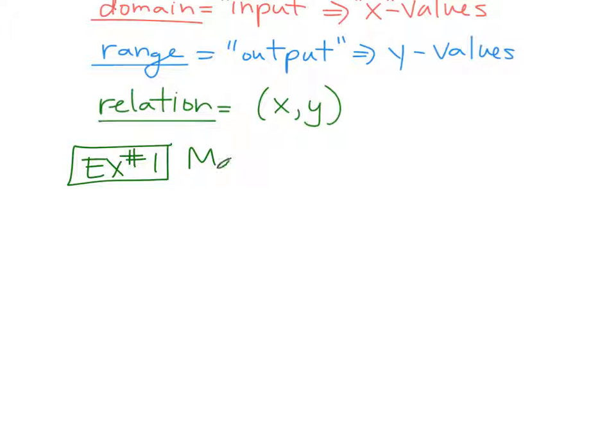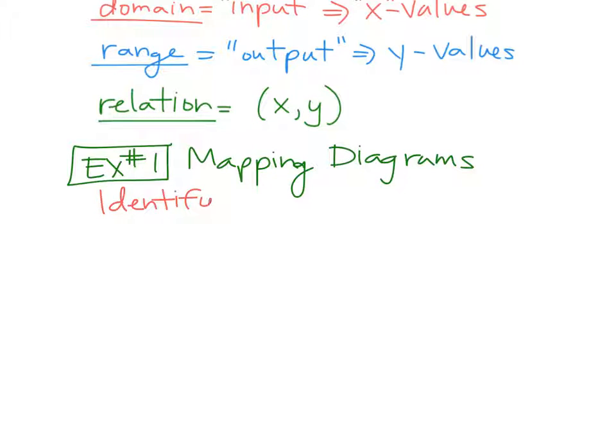Okay, for example 1. This is mapping diagrams, okay? Here's what it will say. It's going to say identify the domain and range of each relation.